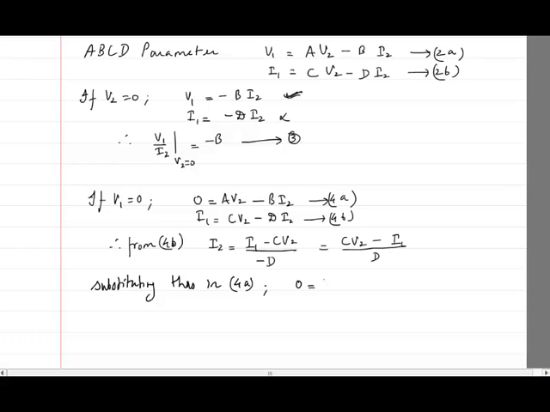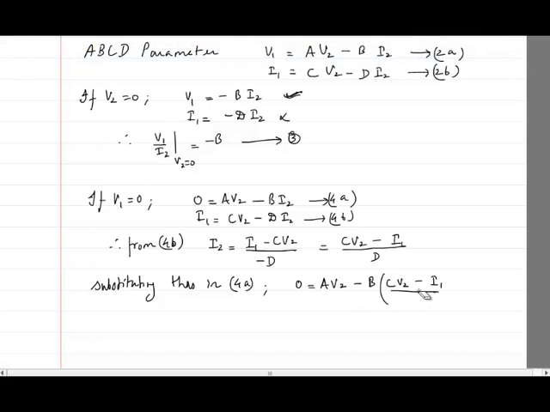So if I substitute this in 4A, what will I get? I will get 0 is equal to AV2 minus BI2. Now what is I2? It is CV2 minus I1 by D, capital D, sorry.